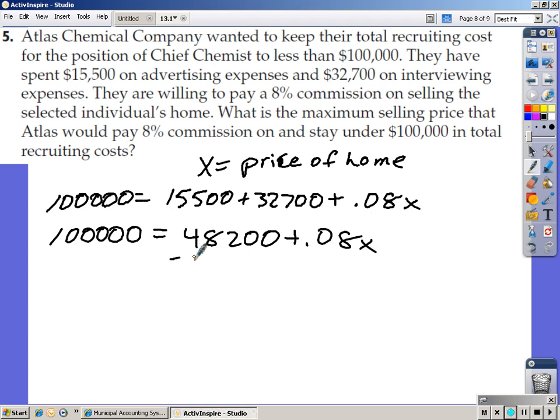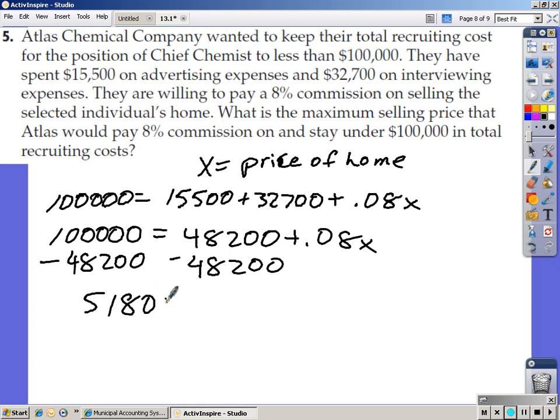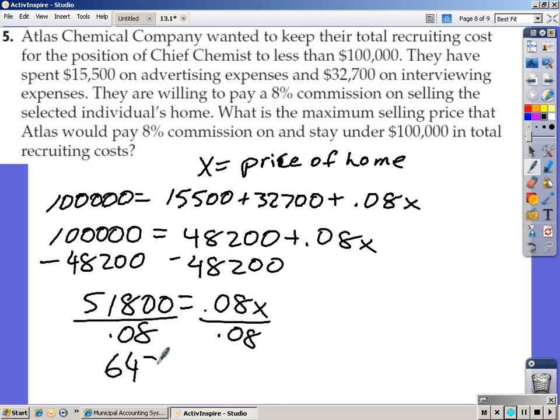Subtract 48,200 from both sides. 51,800 equals 0.08x. Divide both sides by 0.08, and you get $647,500 equals X as the price of the house.